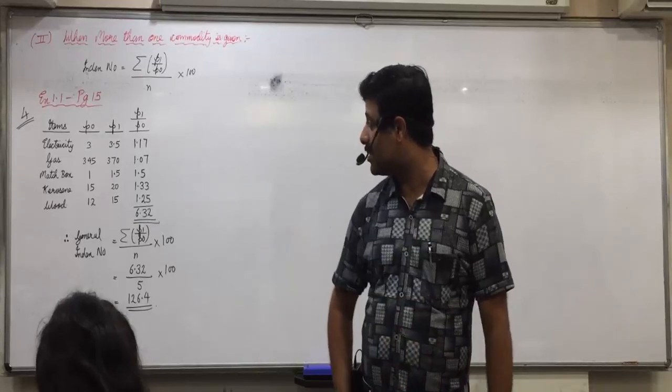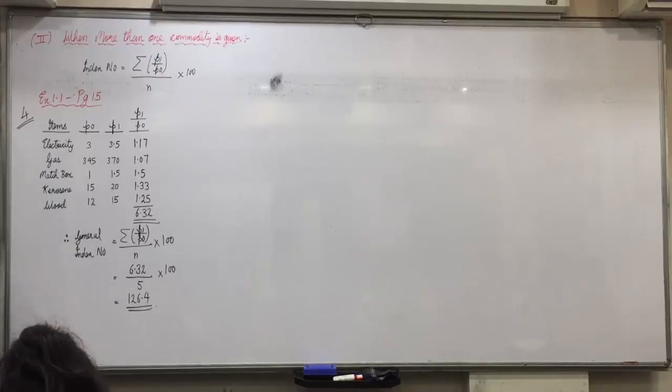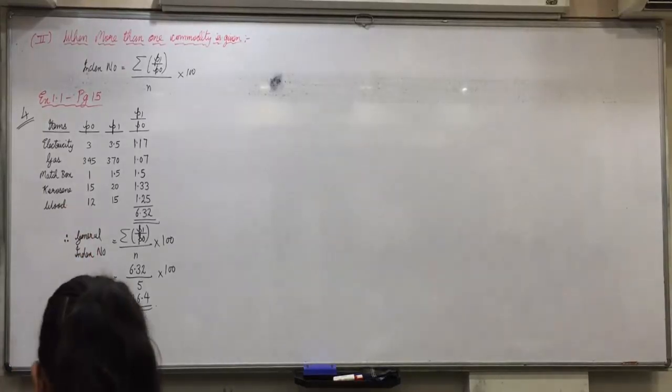Write down below that: thus the overall increase in the prices of fuel items is 26.4%. Any confusions with this? All are clear with that?